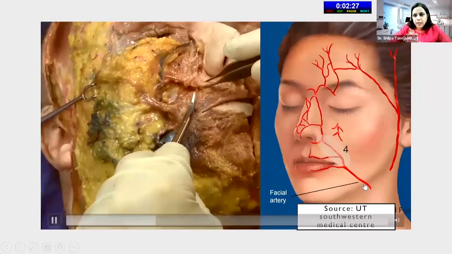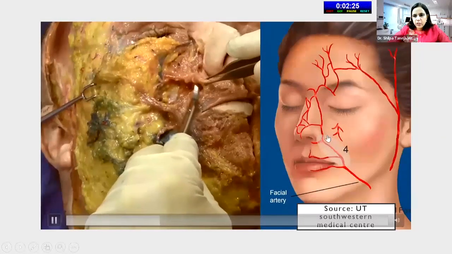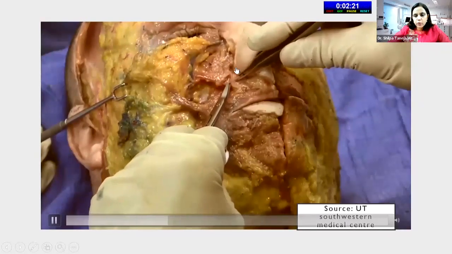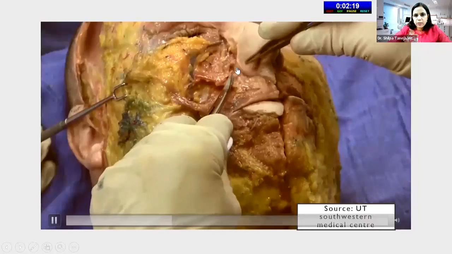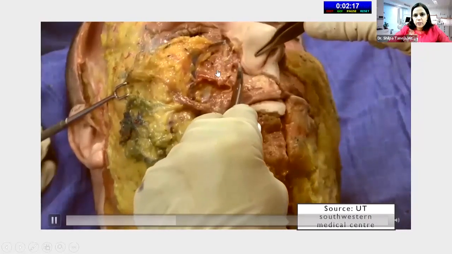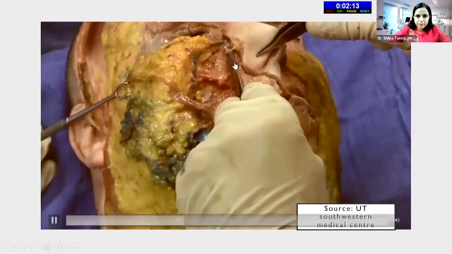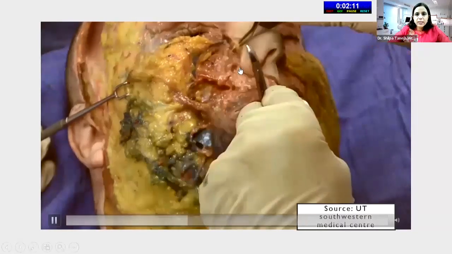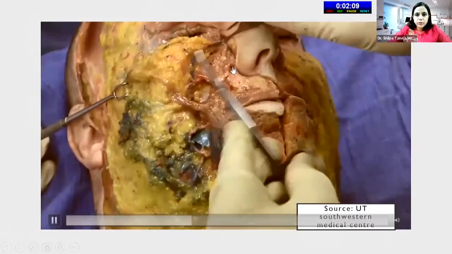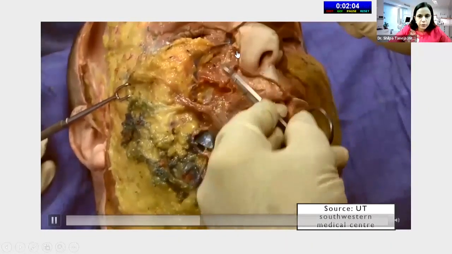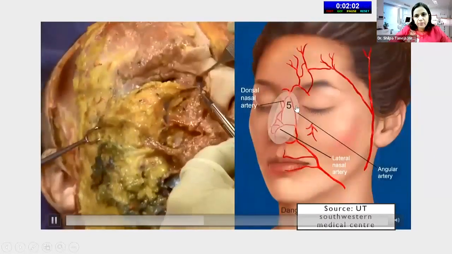This again marks a danger zone as the facial artery really becomes superficial, close to the ala of the nose. Whenever we want to inject fillers here, fan the fillers or inject laterally and then massage them medially. And inject deep. Do not inject superficially in this area because of the facial artery running very superficially near the ala.